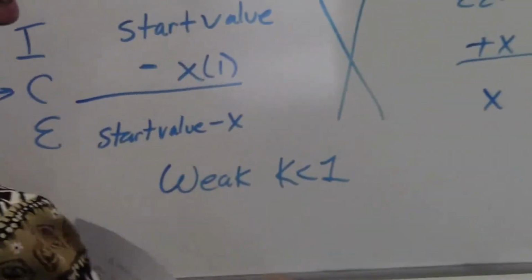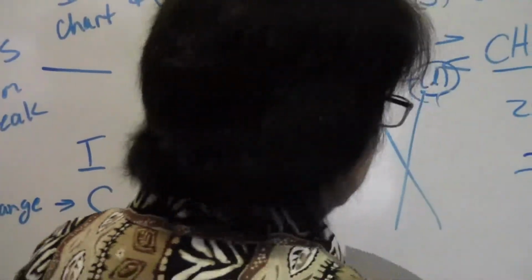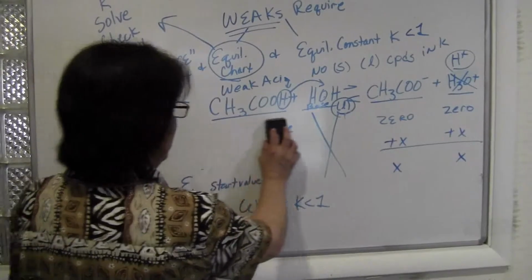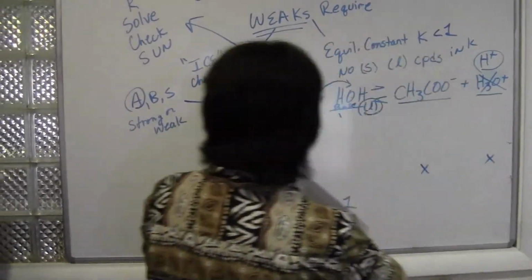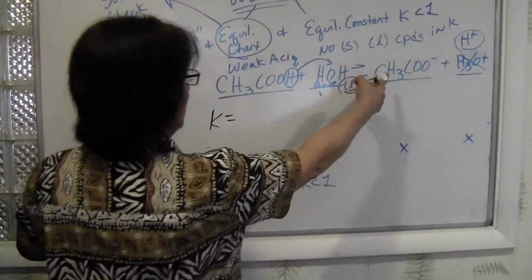So what would our K value be for this equation? I'm going to take away everything but the E. The K for this expression, the equilibrium constant, is always products at equilibrium over reactant.